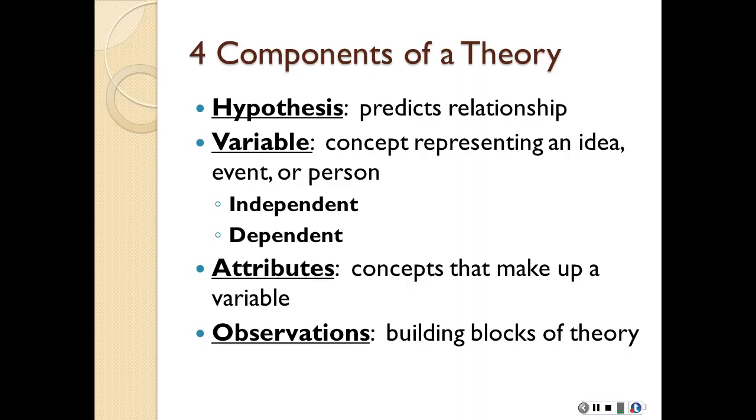These are called your attributes. So gender could be our variable, and the attributes of gender would be male and female. Occupation could be our variable, and the attributes that make up occupation could be lawyer, physician, student, and so forth.